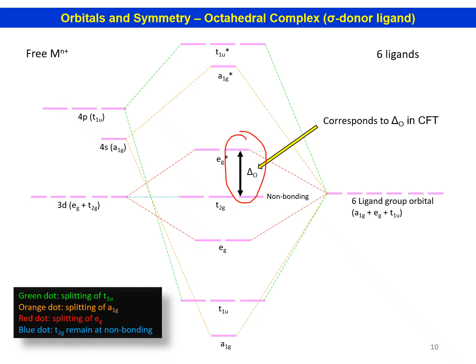This is the crystal field splitting that we see when we discuss the crystal field theory of an octahedral complex. So the delta O is actually the crystal splitting energy between T2G at non-bonding level with EG at anti-bonding level.